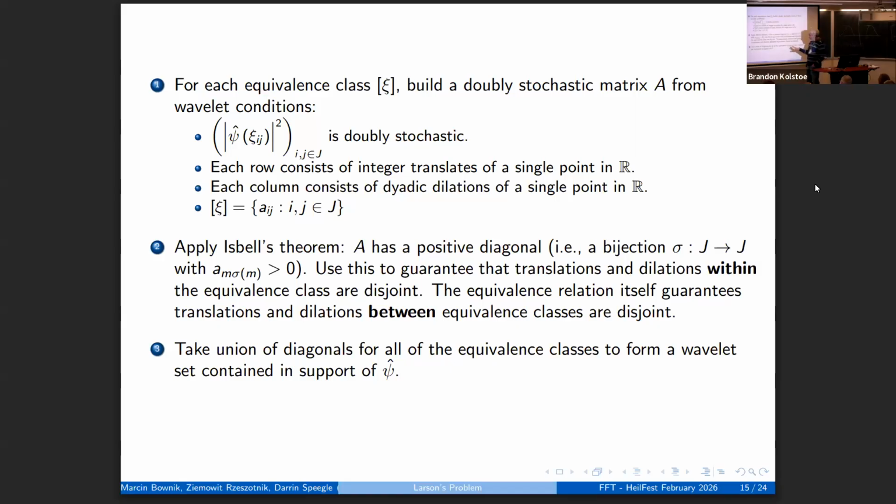Once we have that, we apply Isbell's theorem to each matrix separately, and we get a diagonal for each matrix separately. We union all of those together, and that is our wavelet set. So getting back to the measurability question: what we've done is split this set up into uncountably many equivalence classes and chosen a subset of each equivalence class.